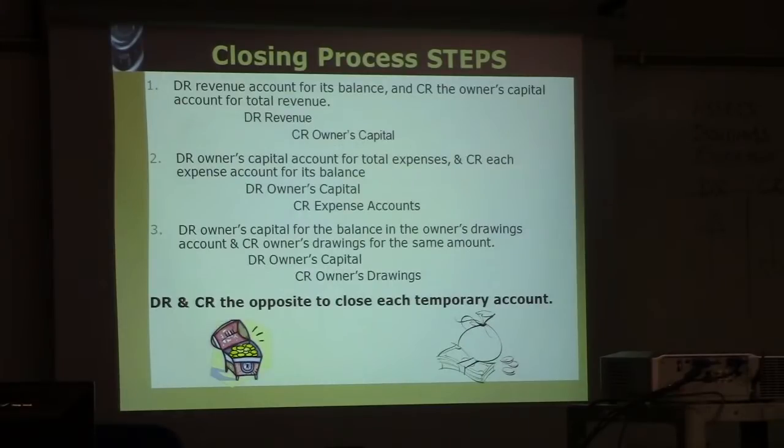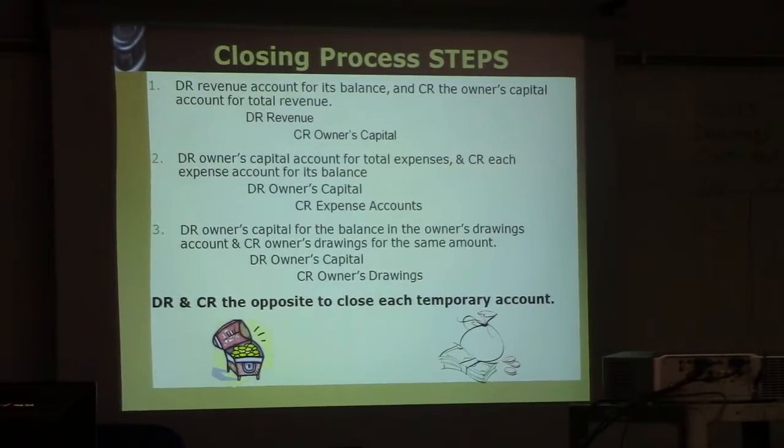The last step is to debit the owner's capital and credit the owner's drawings account. The owner's drawings account is really a type of expense, which we'll talk more about in the future, and which becomes part of the income statement as we progress through this course. So these are the main steps for closing these accounts.